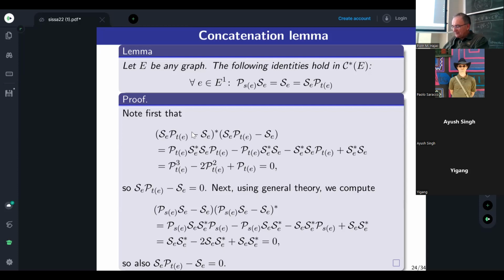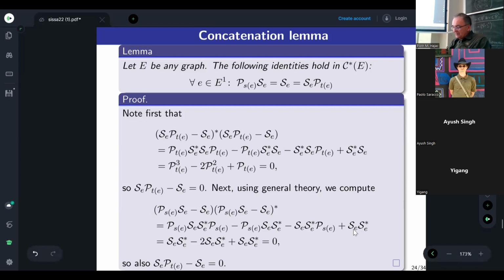So the right-hand side becomes s_e star, p_s(e) minus s_e s_e star. So I have p_s(e) s_e s_e star p_s(e). Next, I have p_s(e) s_e s_e star with a minus. Then I have minus s_e s_e star p_s(e), and finally I have plus s_e s_e star.